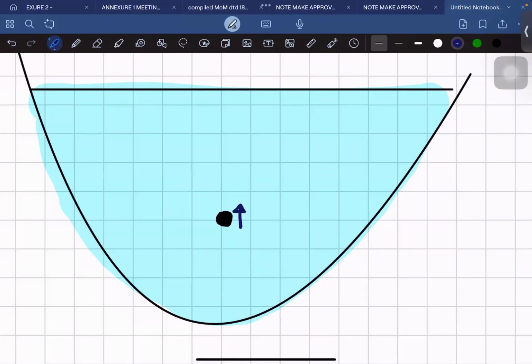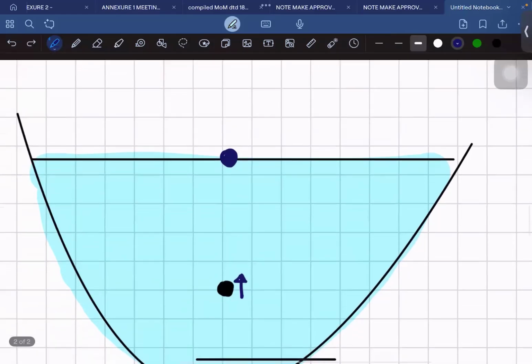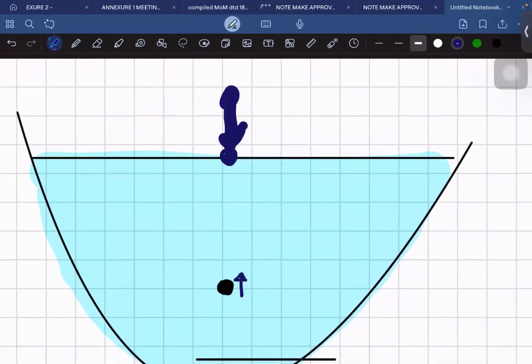So the ball will quickly rise to the top surface. Even if you try to pull it down with some pressure and release it, it can jump out of the surface and fall back here. That happens. Anyway, we'll see that later.